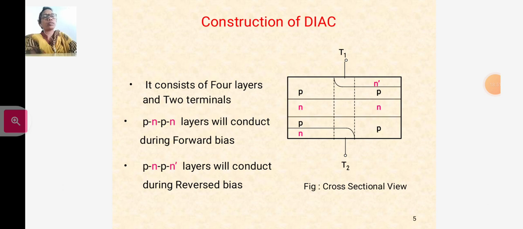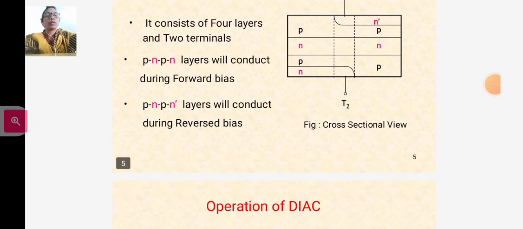It consists of 4 layers and 2 terminals. PN layers will conduct during forward bias, and PN dash layers will conduct during reverse bias.